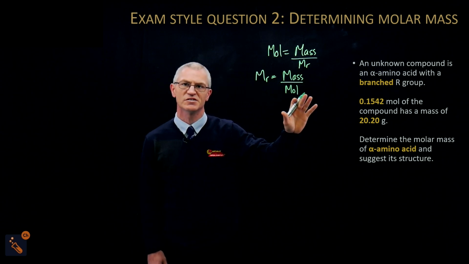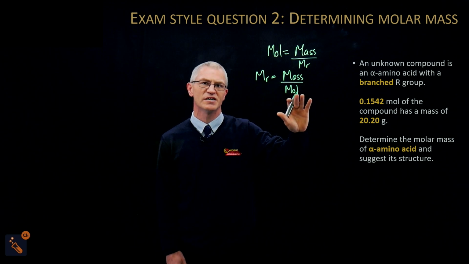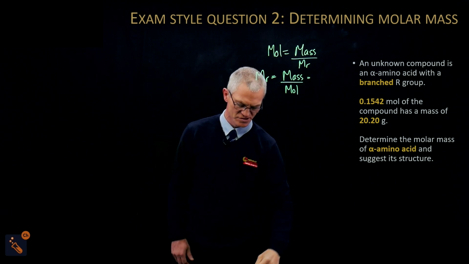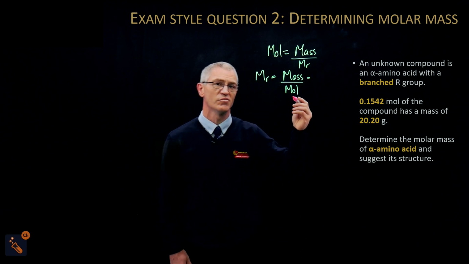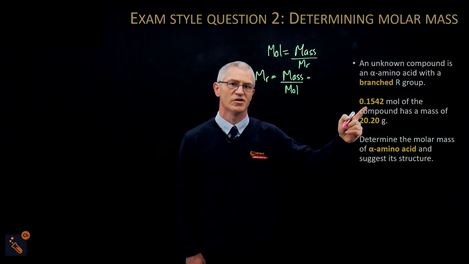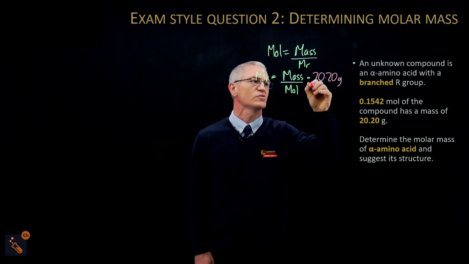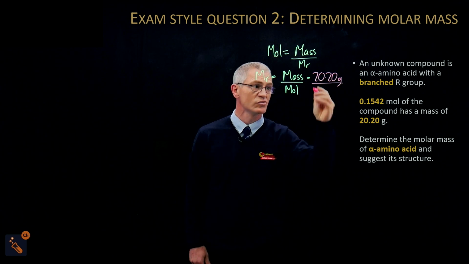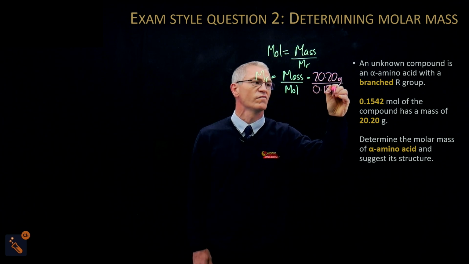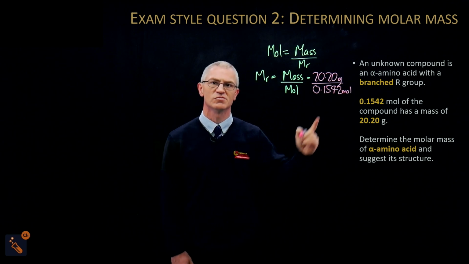So we've rearranged it, and we've got our mass and our mole, so let's put them in. Our mole is 0.1542 and our mass is 20.2 grams, so Mr equals 20.2 over 0.1542 mole.